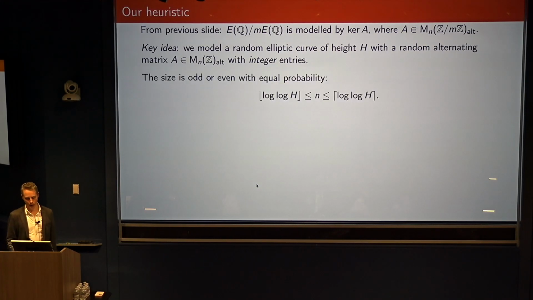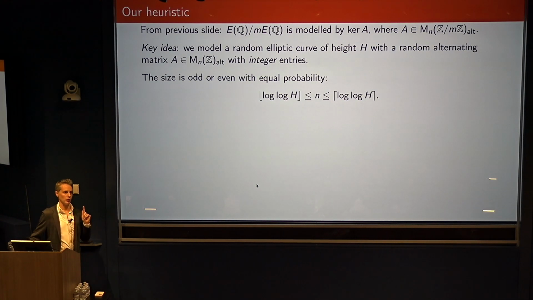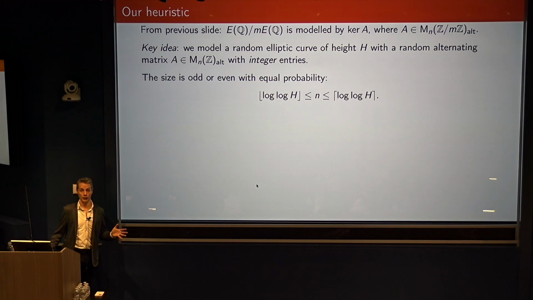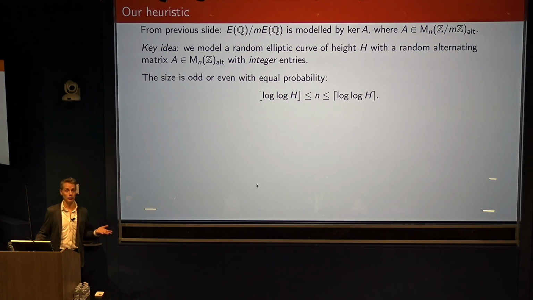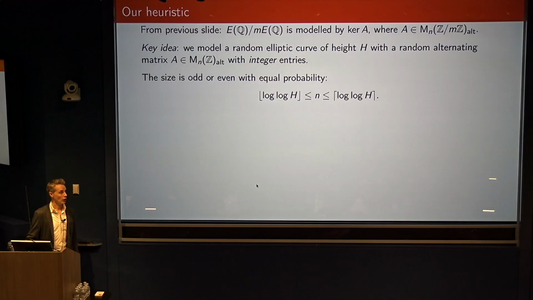Now, what about the size of the matrix? As you know, for alternating matrices, it's really important to know if the size of that matrix is even or odd. Odd alternating matrices automatically have something in the kernel because the determinant is zero. So the way that I like to explain it is that the size of the matrix is modeled by some function going to infinity.